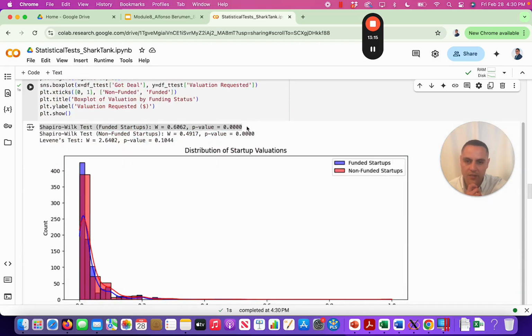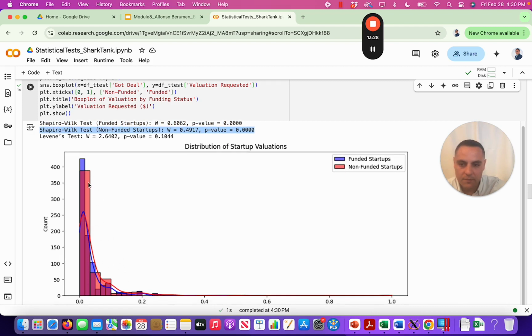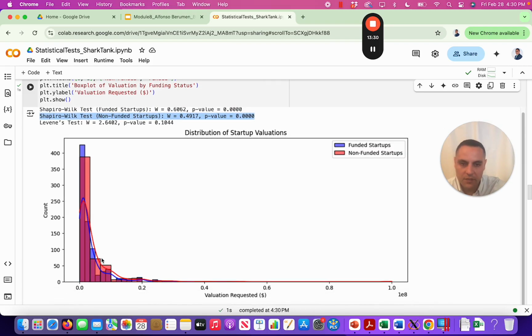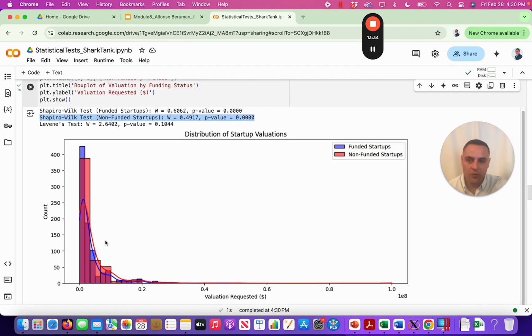So if we see this here, it does appear to be the case. If we look at that p-value for each of these, the data is not normal, right? So you can actually see that when we put the distribution together visually. You can see funded and non-funded, and that obviously does not follow a normal curve.